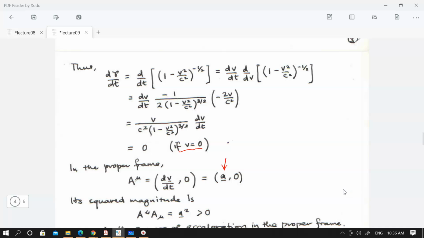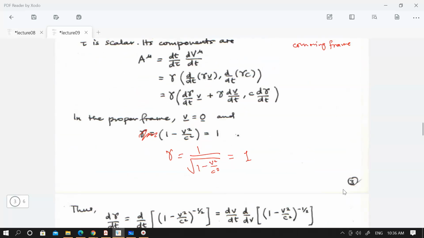But one has to remember this is not the frame of an inertial frame. So in an inertial frame, you have to go back to this original quantity and work out what all this is.